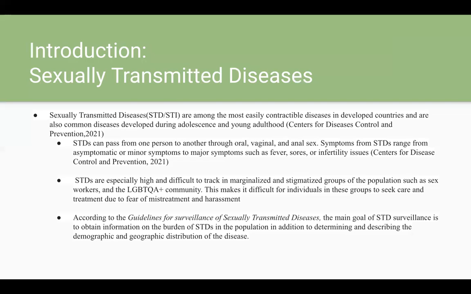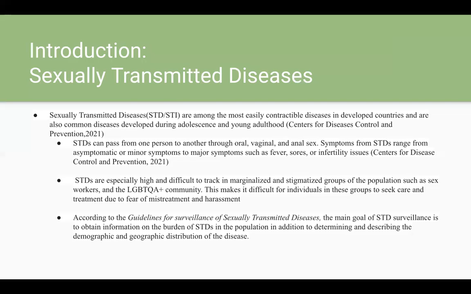The reason why is it makes it difficult for these individuals to seek care and treatment due to fear of mistreatment and harassment. Obviously, very valid concern due to the history of violence against these groups in America and around the world. There's a lot of systemic issues when it comes to stuff like that.